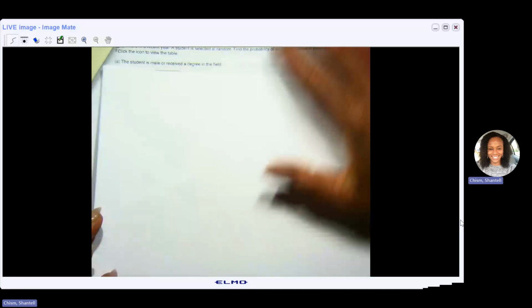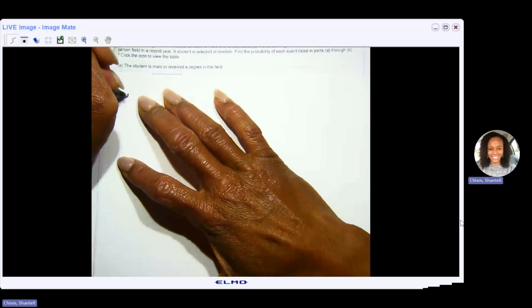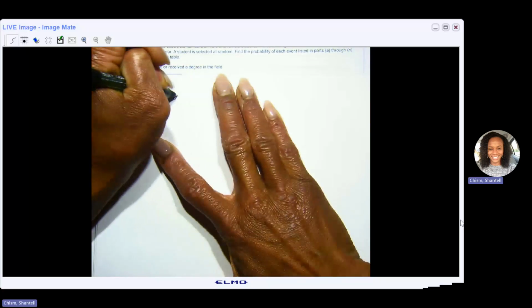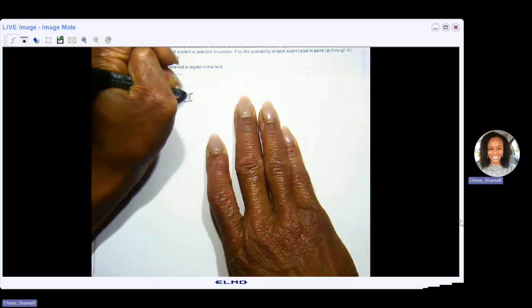So keep in mind that when we are finding these probabilities, this total sample space number will be your denominator for every one of these parts. So let's look at part A. I'll refer to the table when I need to. For part A, we're trying to find the probability that the student selected is male or in-field degree.